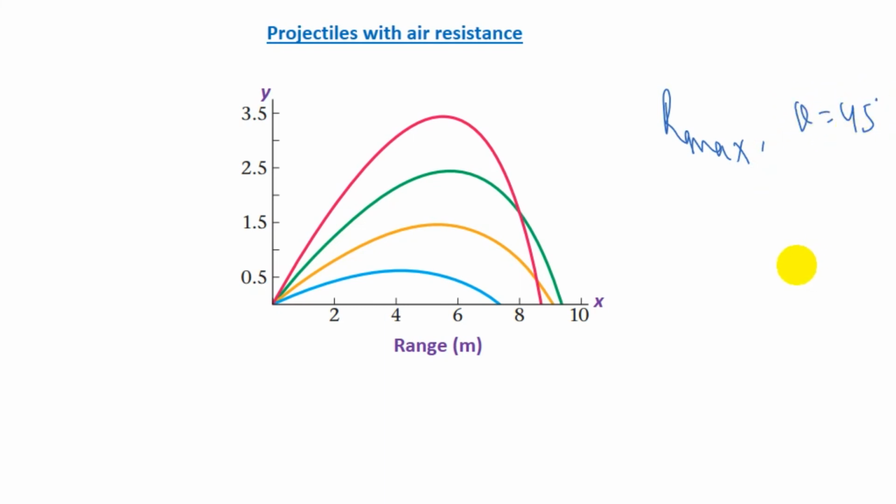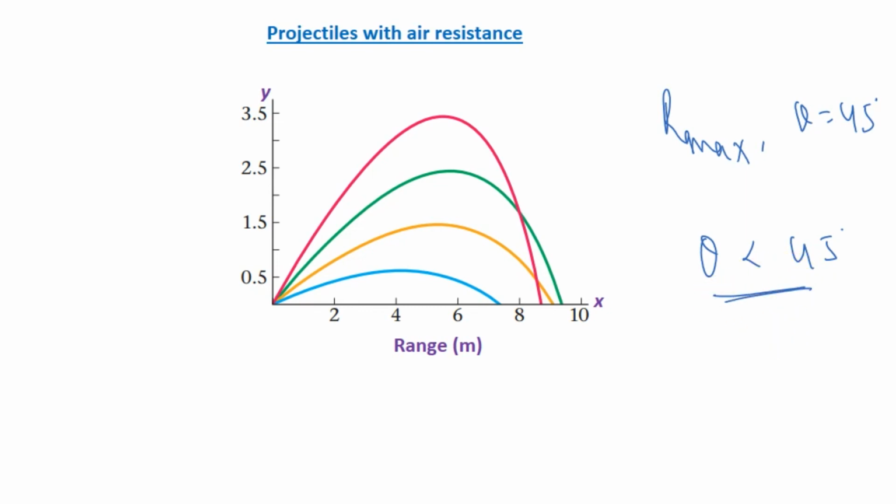In such cases, maximum range occurs for a launch angle less than 45 degrees, and the reason is that with a smaller launch angle the golf ball is in the air for less time, giving air resistance less time to affect its flight. So for a projectile with air resistance, the maximum range occurs at theta less than 45 degrees.